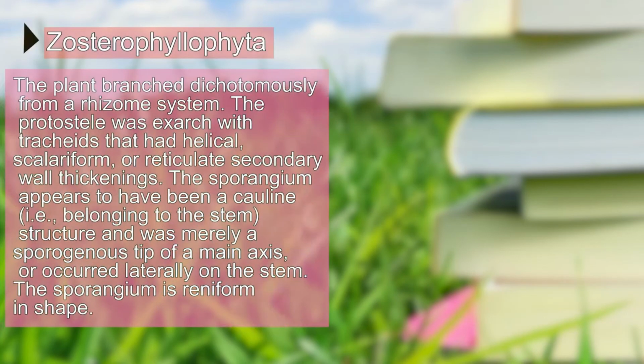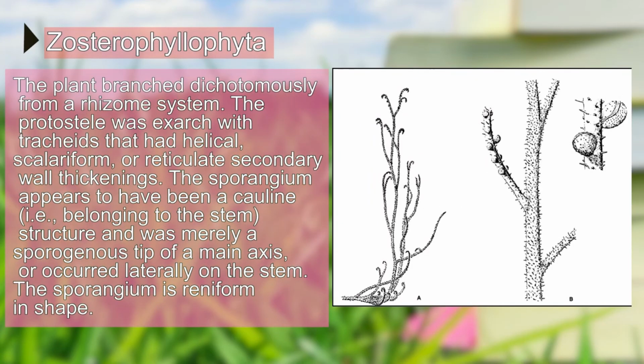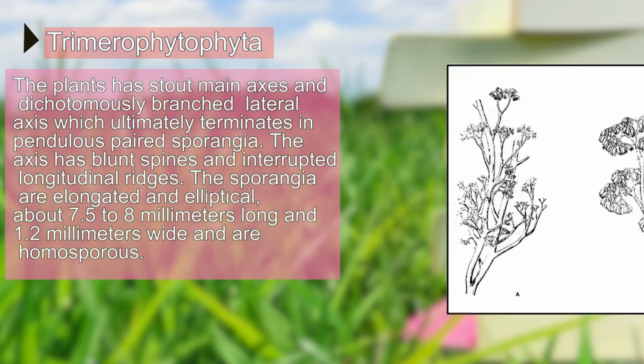Second one is Zosterophyllophyta. It is dichotomously branched, having a rhizome system, and the sporangia appear to be cauline. That means the sporangia are present on the stem, attached to the stem like this. The third one is Trimerophyta.